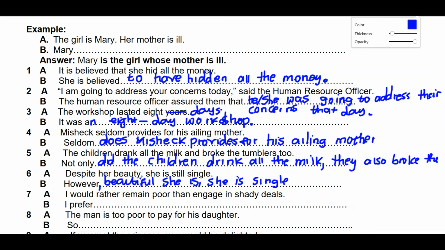Then we move on to number 7: I would rather remain poor than engage in shady deals. I prefer remaining poor to engaging in shady deals. Prefer goes with to.